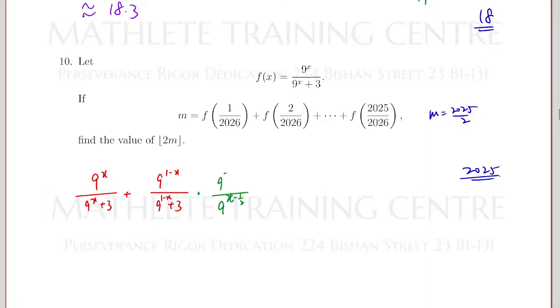And then very interestingly, the second term will become 9 to the power of half over 9 to the power of half plus 9 to the power of x. So this is exactly 3 and 3. Once you realize that, then you realize, oh, that's just the complement of this one. So therefore, this sum is 1.